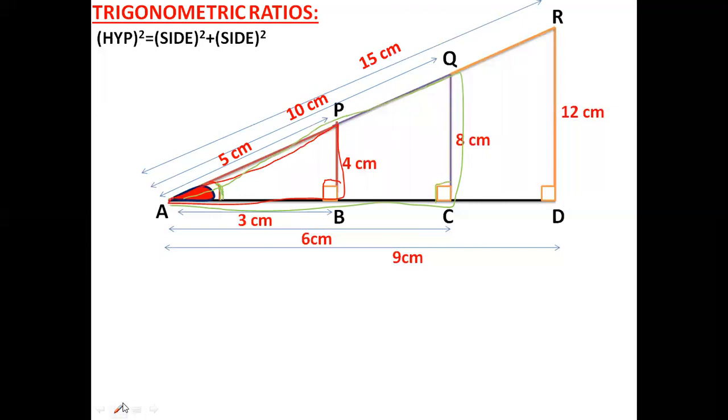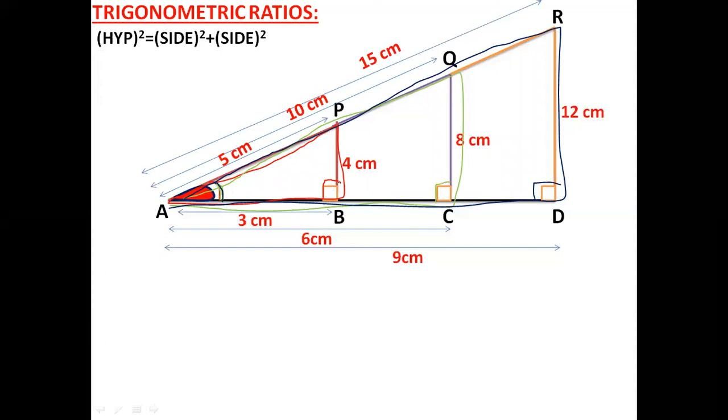Next, in another right angle triangle ADR, one angle is 90 and the other is angle A. So here angle A is a common angle to all these right angle triangles. So automatically the third angle is also equal in these three right angle triangles.